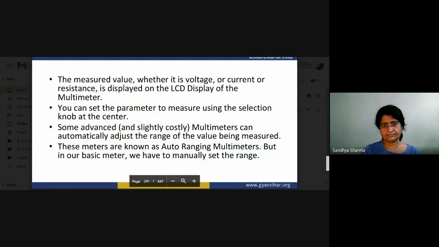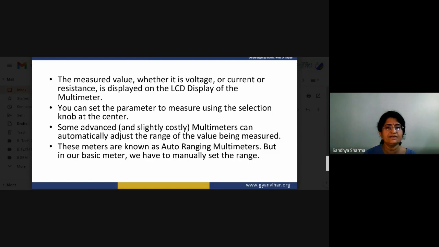The measured value, whether it is voltage or current or resistance, is displayed on the LCD display of the multimeter. So whatever readings you are getting will be shown to you on the display screen. You can set the parameter to measure using the selection knob at the center.